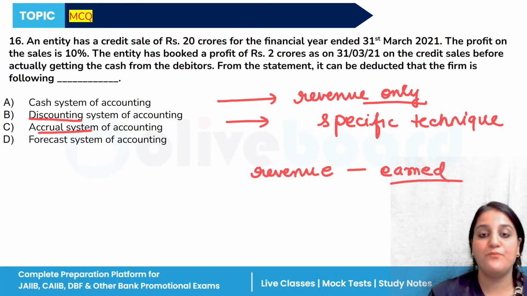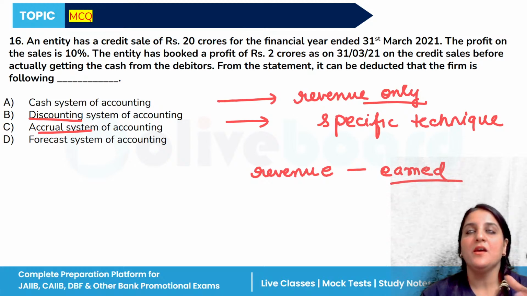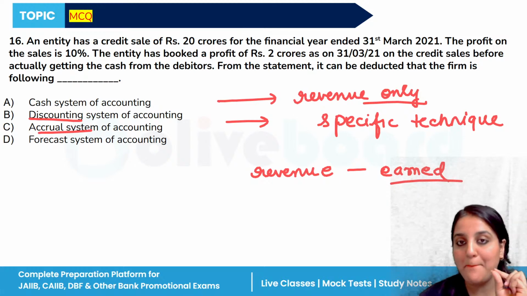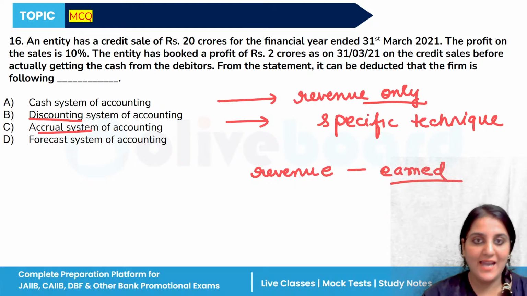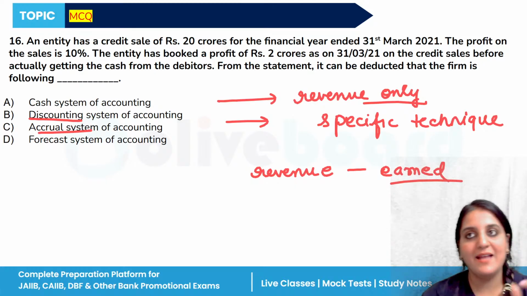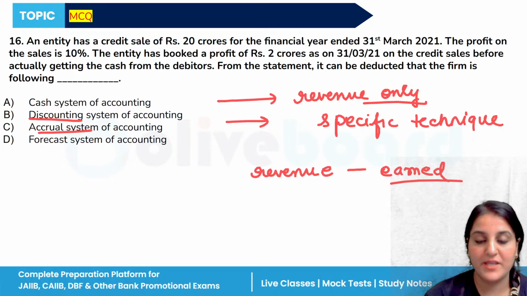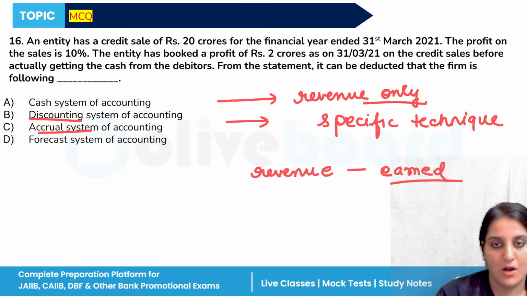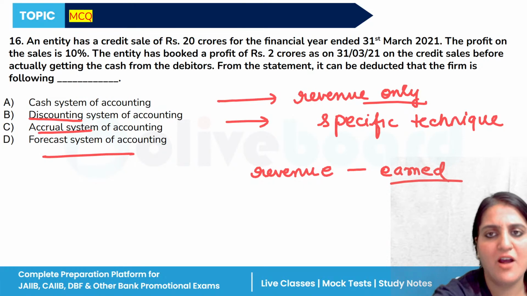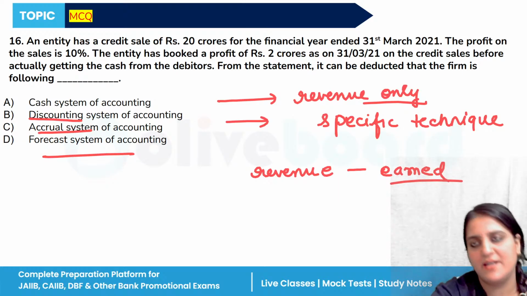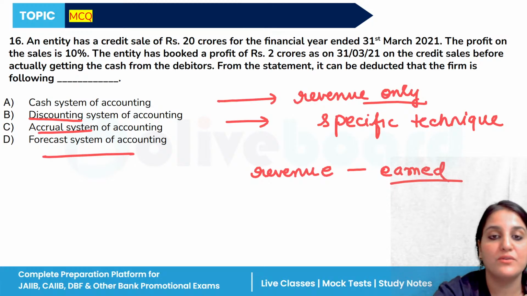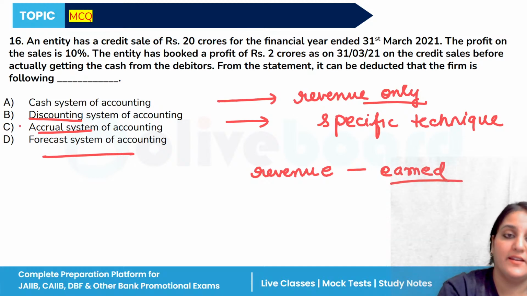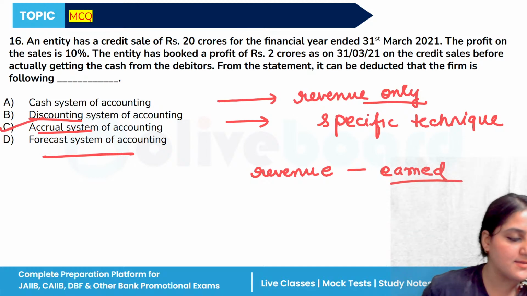And this is correct here because the company recognized a profit on the credit sales before receiving the cash, which aligns with the accrual system, and this indicates the company is following the accrual system of accounting. And forecasting system of accounting, as the name says, is not a method of accounting first of all, and it refers to the process of predicting future financial performance. So this is incorrect here. The option C is correct, that is accrual system of accounting.